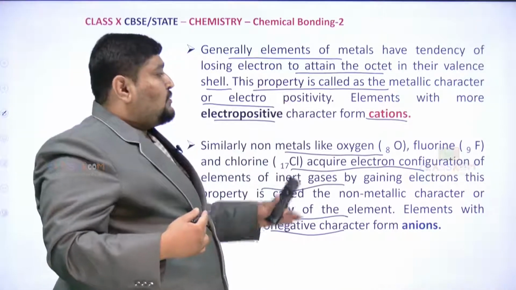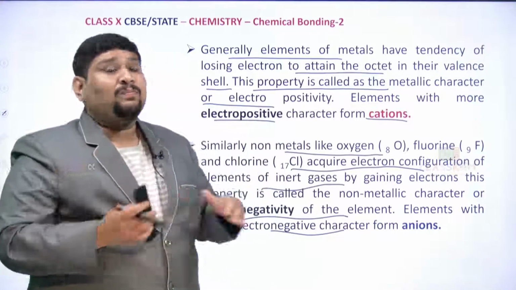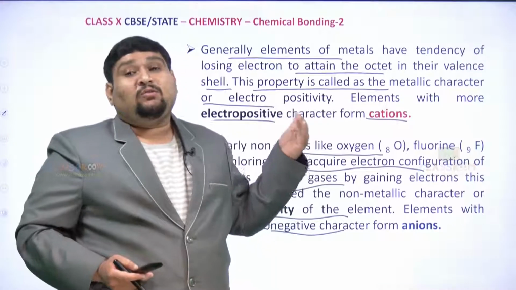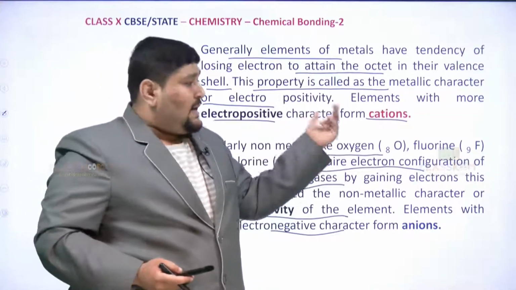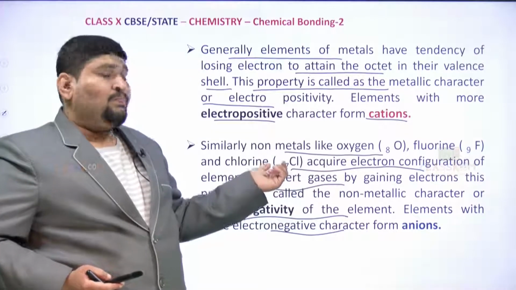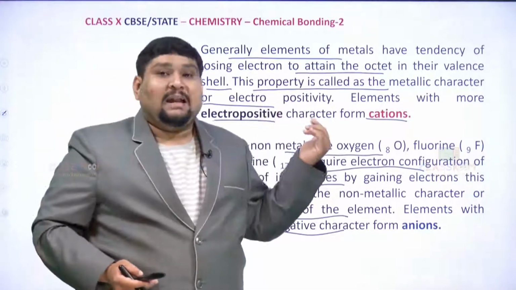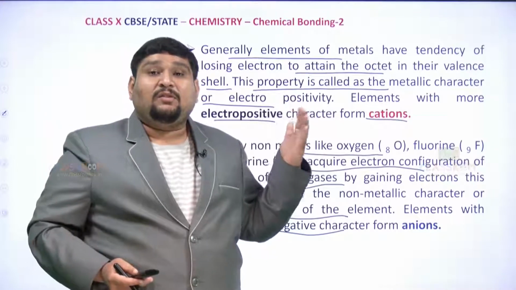So overall, what we conclude from these two is that elements which show highly electropositive character can form cations, and elements which show more electronegative character can form anions. So basically, you can take the examples of metals.